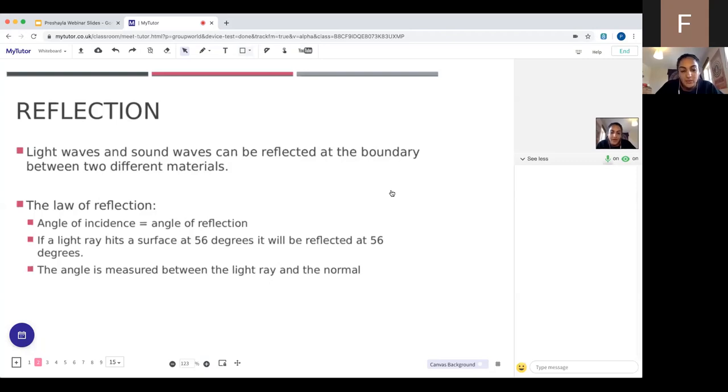So it's a really important fact that we need to remember. It's not just any old angle, it's that specific angle so that the angle of incidence and the angle of reflection match.